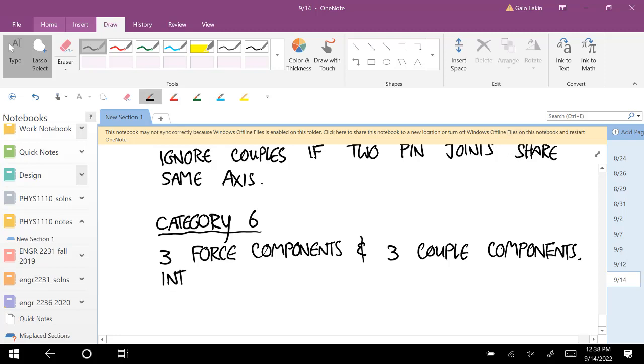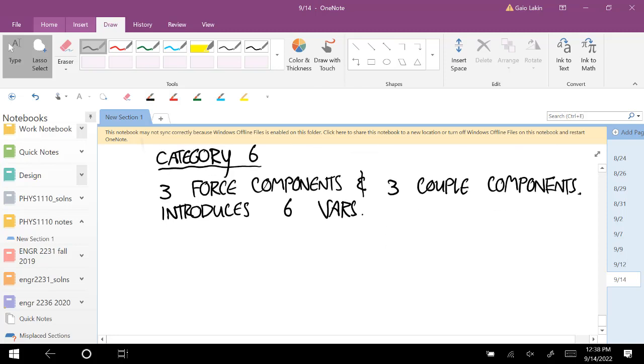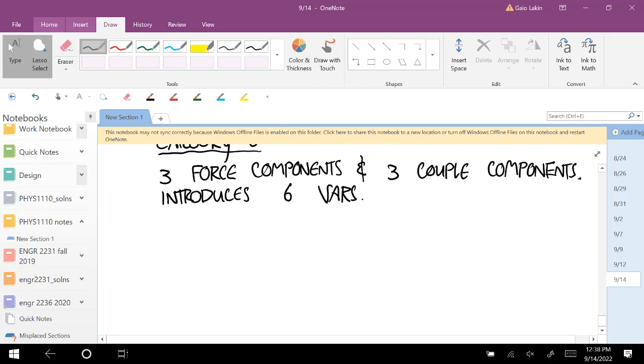And that means it introduces 6 variables. And this is a fixed joint or a weld joint.